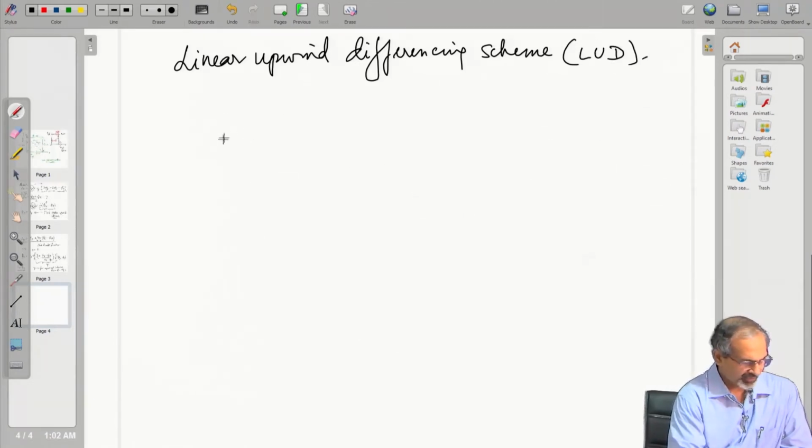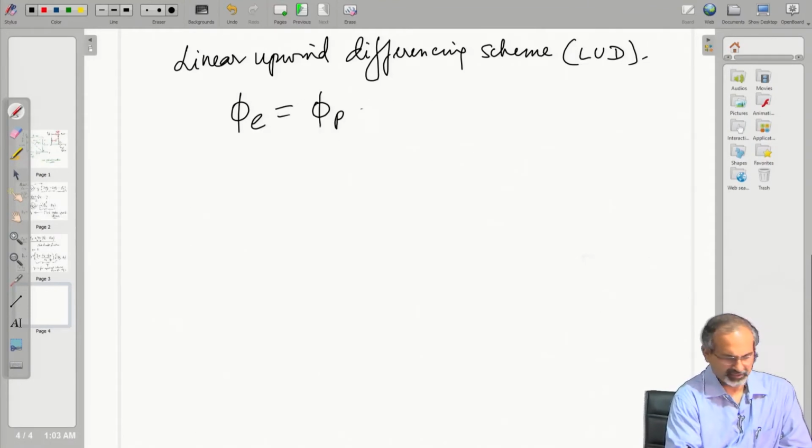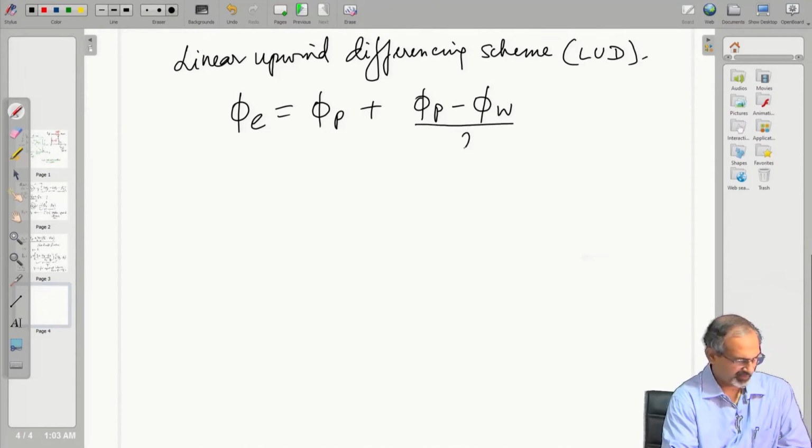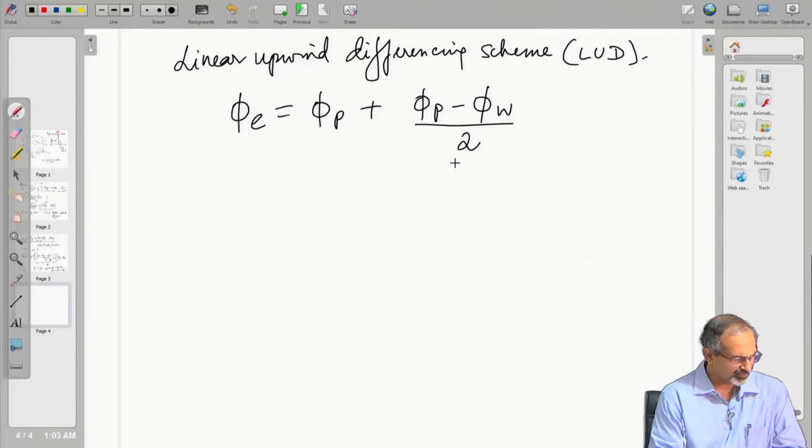The expression would actually come out to be phi e equal to phi p plus phi p minus phi w by 2. This is how it is going to work out, right. Okay.